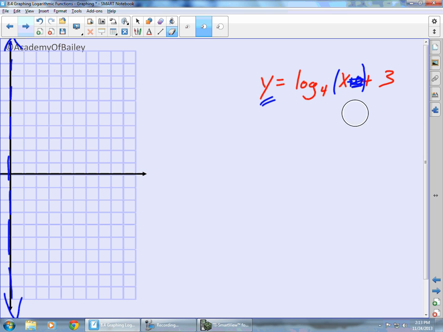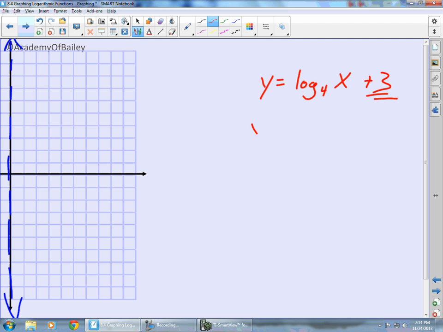Well, from your days of solving an equation, you'll want to get rid of this positive 3 first. So how do we get rid of that? We subtract it. y minus 3 is equal to log base 4 of x.